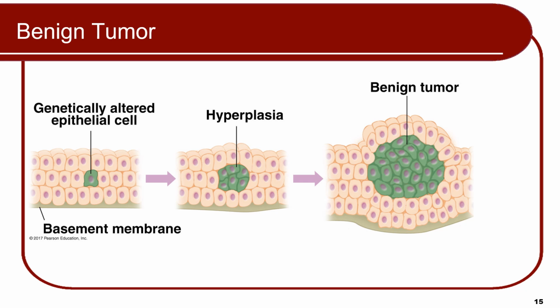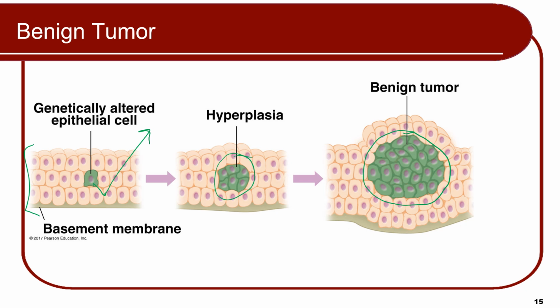So say this is an epithelial cell. Epithelial cells are cells lining things like your skin. And we have one cell here that has some abnormality that causes it to begin dividing when it shouldn't be dividing. And that can continue and form this tumor.